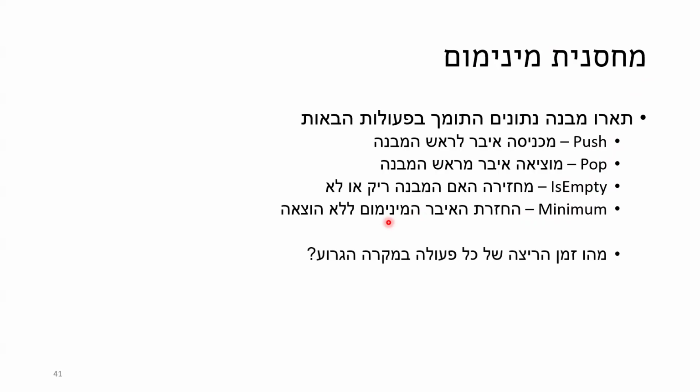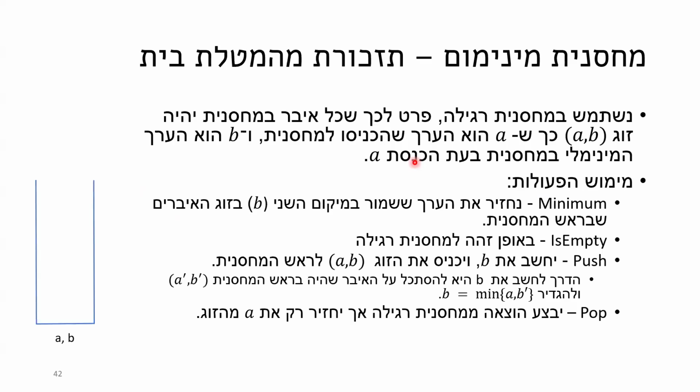What is the runtime of each of these operations in the worst case? As you did in the homework, each one of these is O of 1. This is not even amortized, it's in worst case. That's just a reminder from the homework.